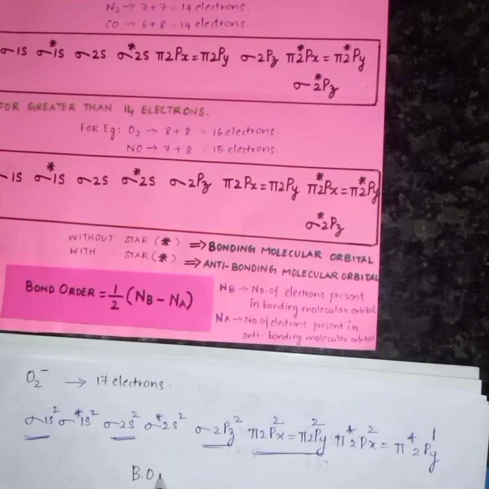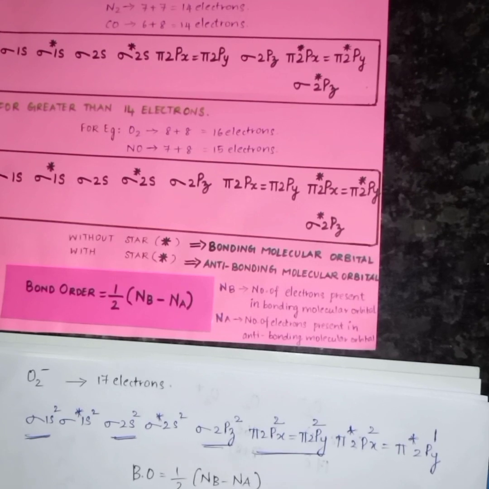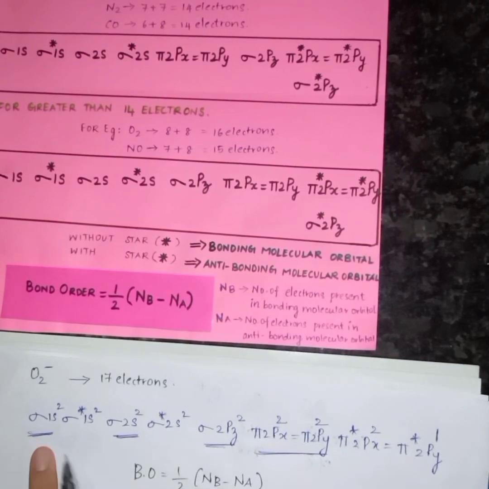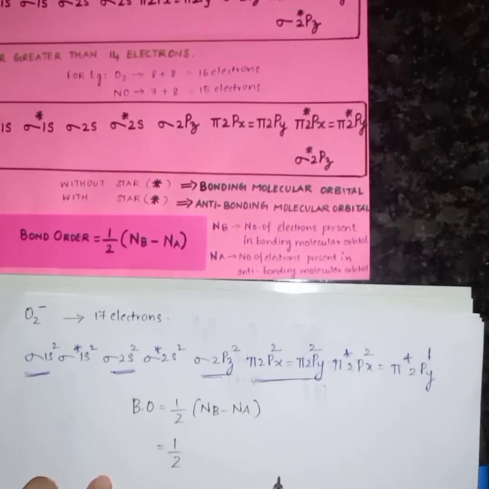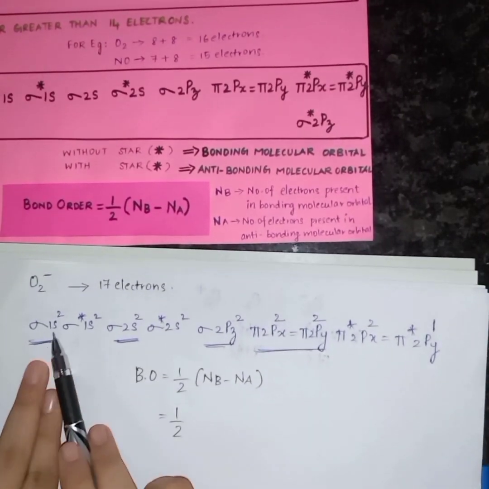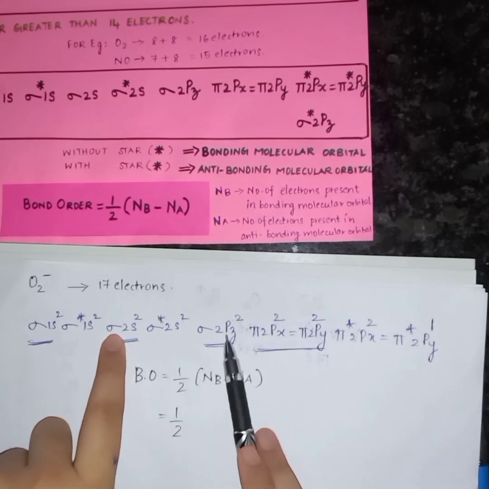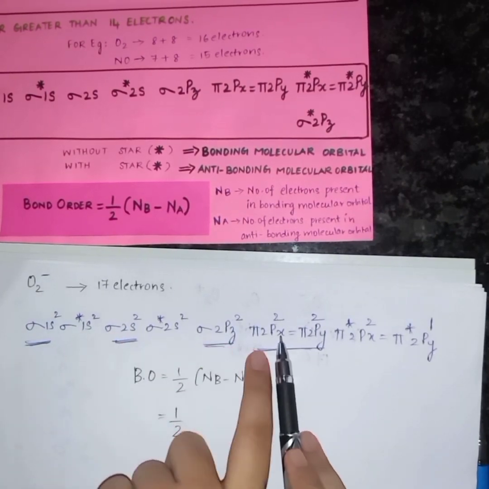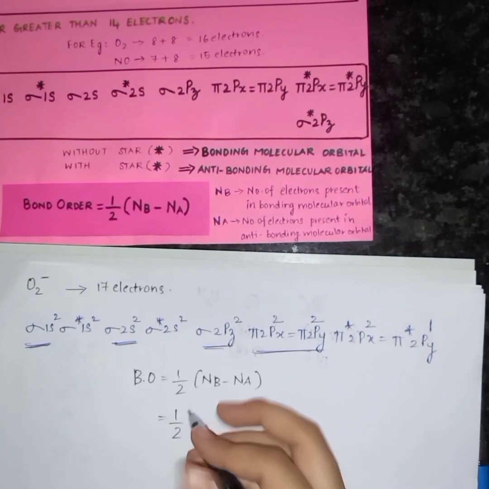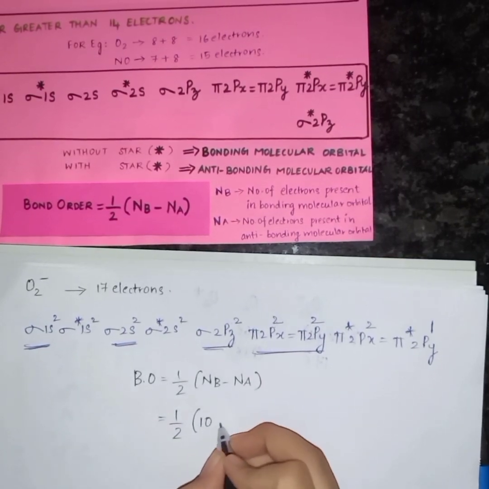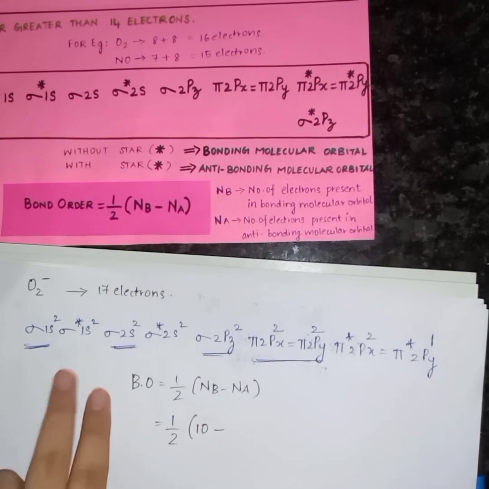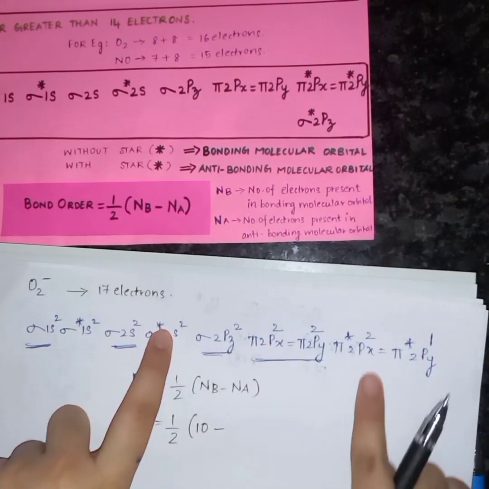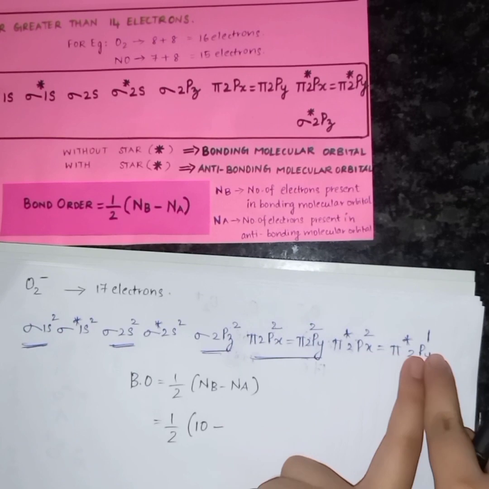Bond order is equal to half into Nb minus Na, which is equal to half into, let us calculate the number of electrons in the bonding molecular orbital. Here 2 plus 2, 4, 4 plus 2, 6, 6 plus 2, 8, 8 plus 2, 10. 10 electrons are there in the bonding molecular orbital, and 2 plus 2, 4, 4 plus 2, 6, 6 plus 1, 7.